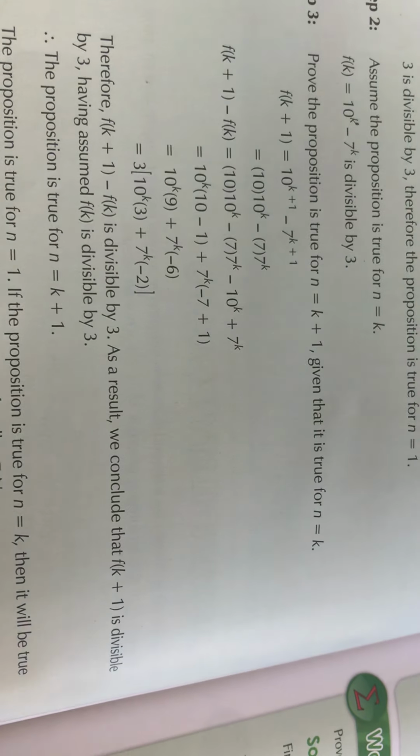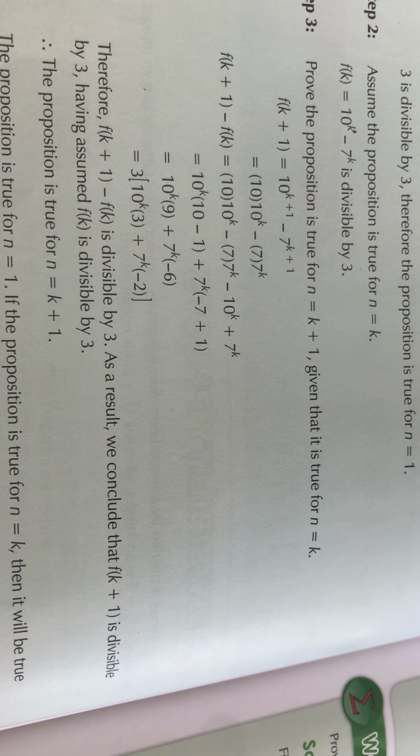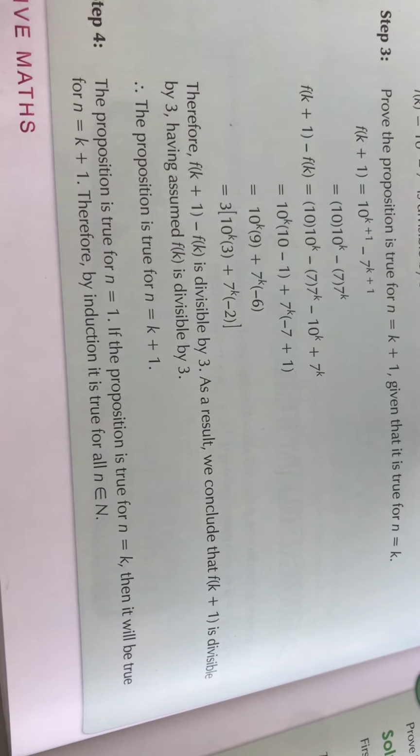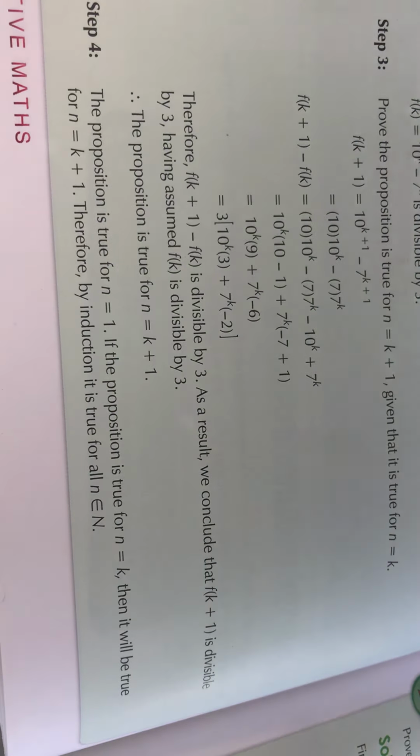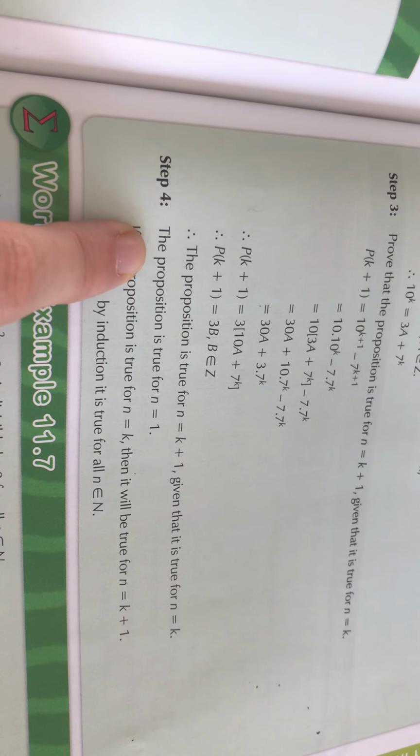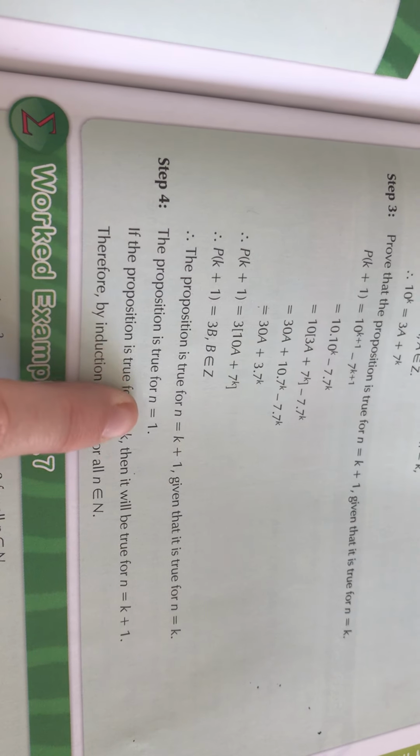You can just take it, they're all pretty similar. Not this part here, I did the alternative proof here. So step 4, you're just saying the proposition is true for n equal to 1.